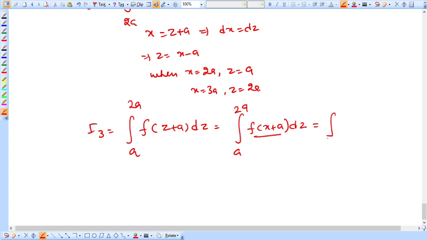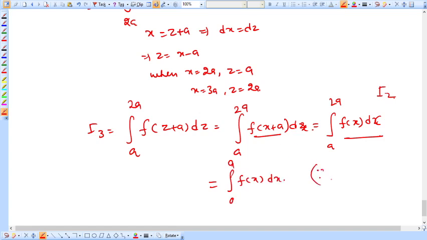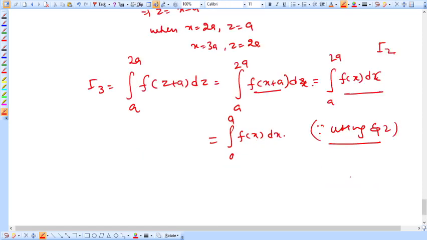So it is given that it is equal to f of x dx, here you had to write dx, okay. So it is nothing but I2, and we have already calculated that I2 is equal to integral 0 to a of f of x dx. Give that equation number 2. So here you are going to write using equation 2, right? So I3 is equal to this.